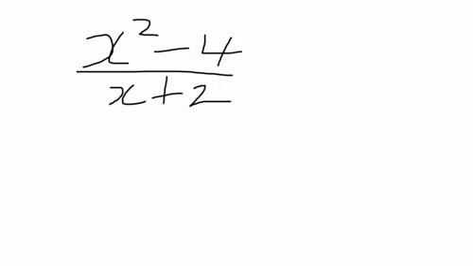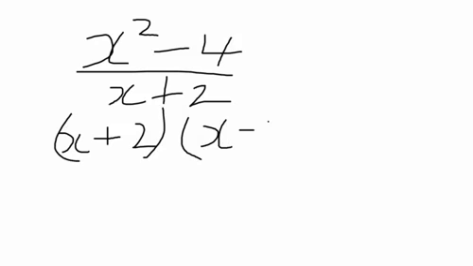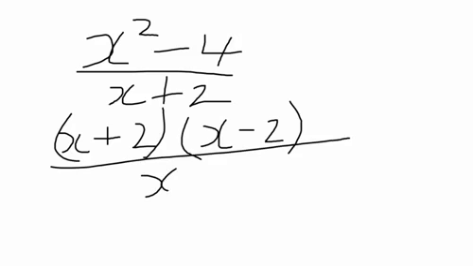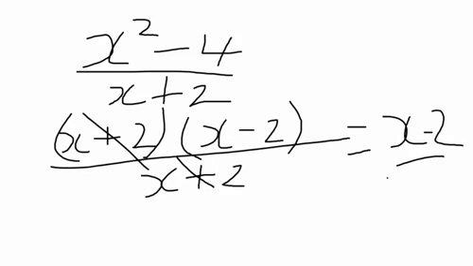Then you should know that this will give you x plus 2 times x minus 2, divided by x plus 2. So these two will cancel, and you have x minus 2, and that's the answer.